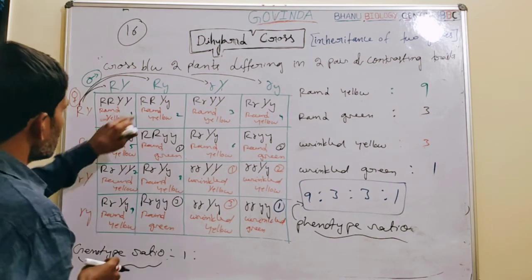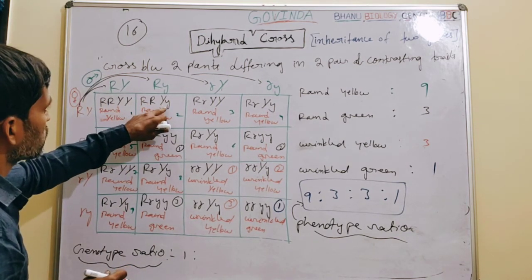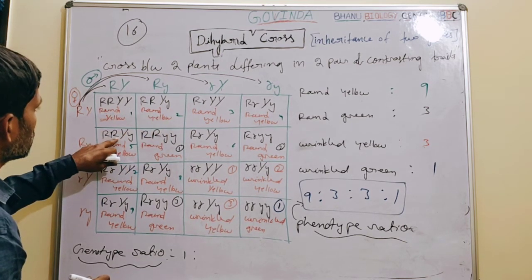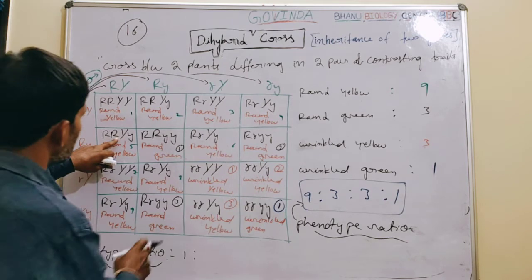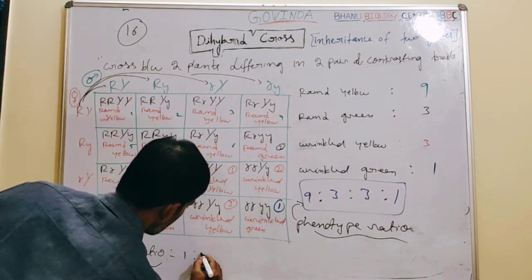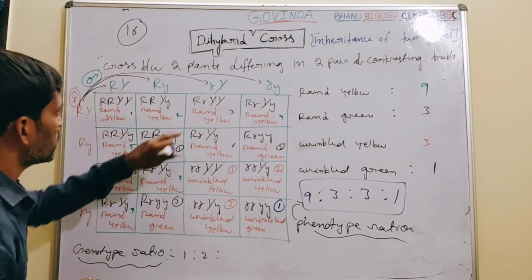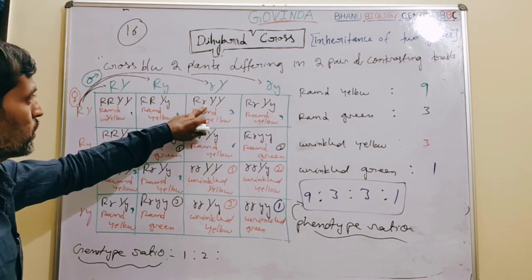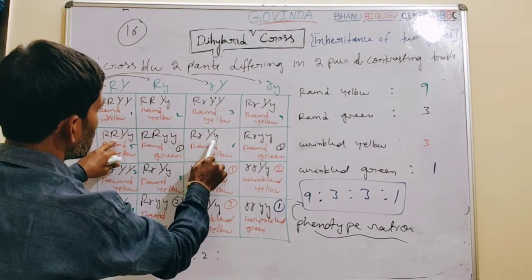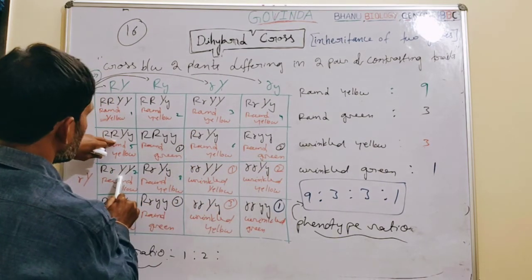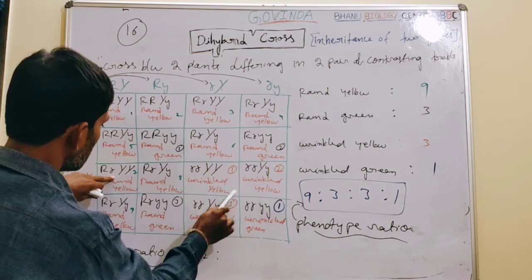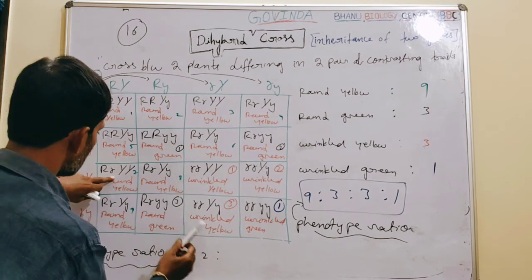Then capital R, capital Y, small y. So how many are there? Here is 1, then 2. Then capital R, small r, capital Y. Here is 1, then 1, 2, right, only 2.